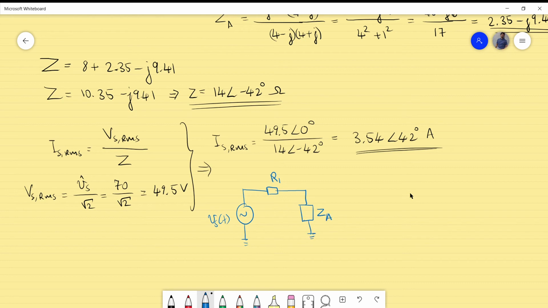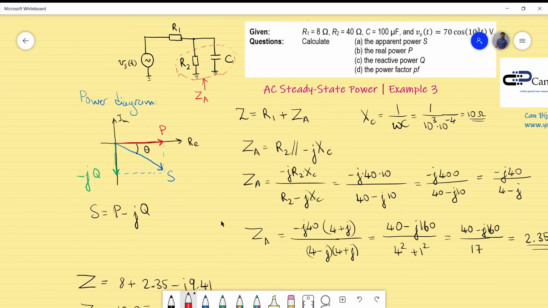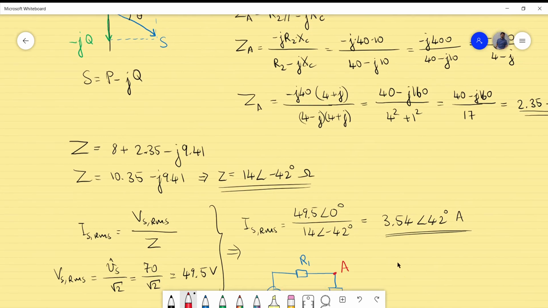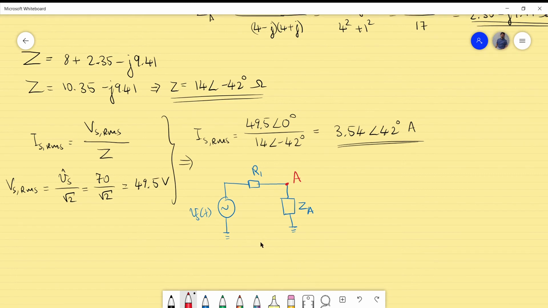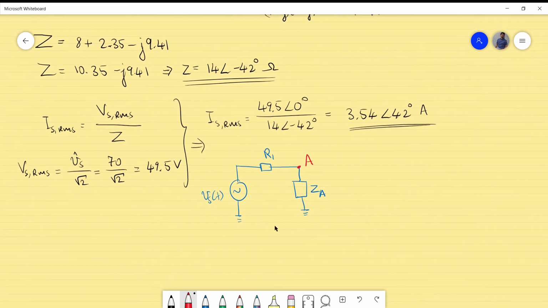So if I now denote this point as A, which is exactly the same point as in the original circuit here, I can now use this circuit to move on with the calculations. Okay, so what I want is, of course, the real power and the reactive power, etc. So let's work through the calculations.